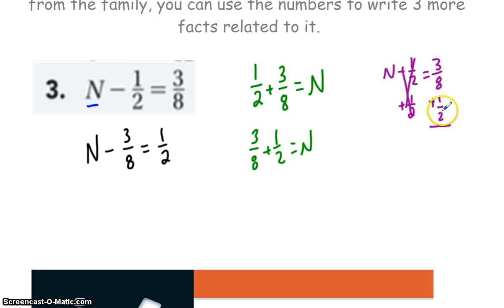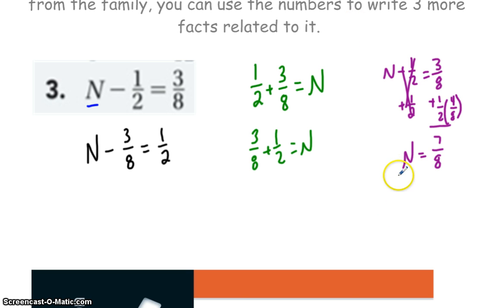So 3/8 plus 1/2 would give us the answer that we're looking for. Well, since we have to have a common denominator when we add fractions, we know that 1/2 would be equal to 4/8. Okay, so I have 3/8 plus 4/8, which would equal 7/8. Then I bring down my equal sign, and n would equal 7/8.